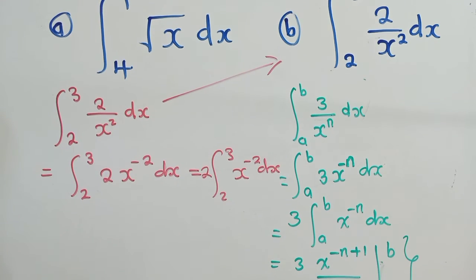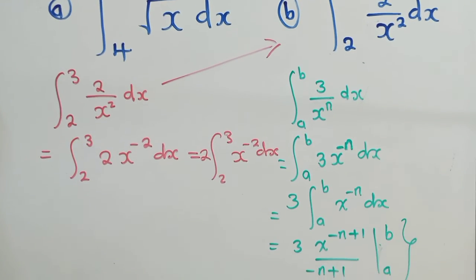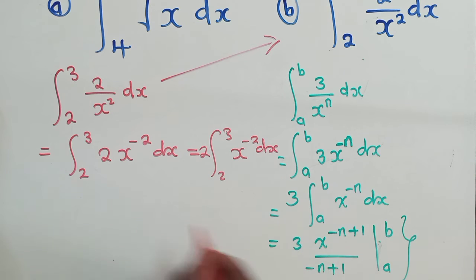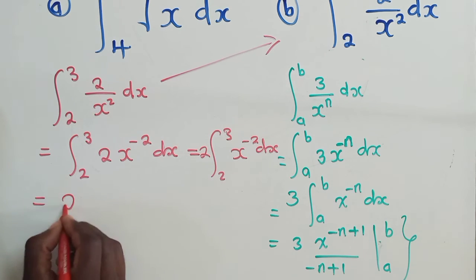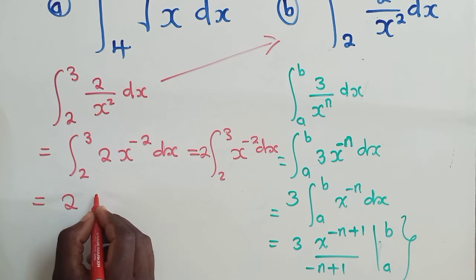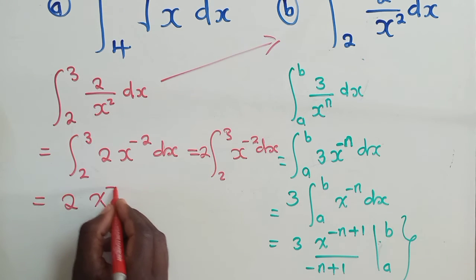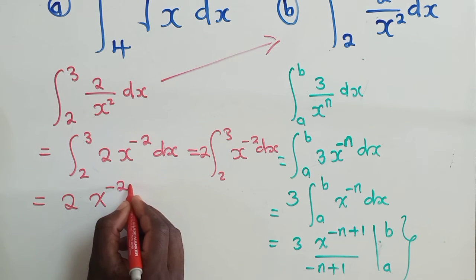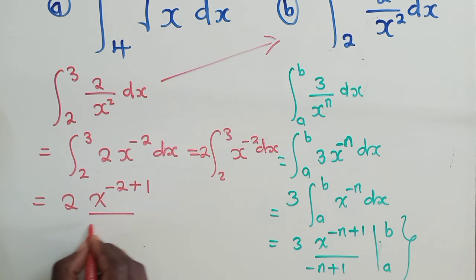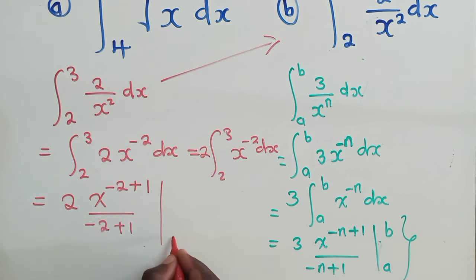Now from this stage, we go to this stage right here, where we shall say 2 times x power negative 2 plus 1 over negative 2 plus 1, and the limits, we have 2 and 3 there.